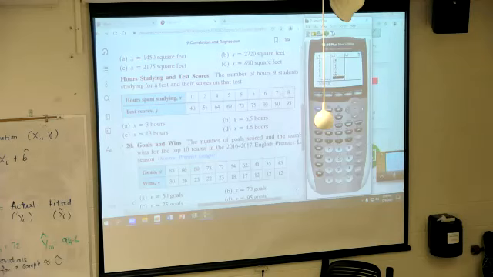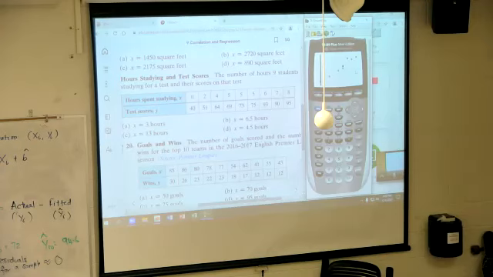So, second step. Last time I showed you how to find the scatter plot using the calculator. My plot is on. I see nothing because I've got to use Zoom 9.